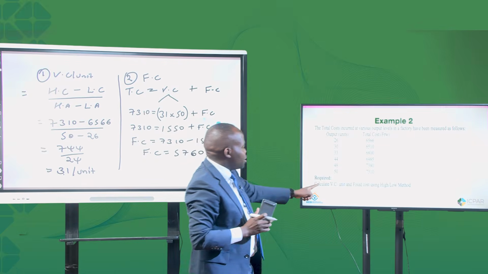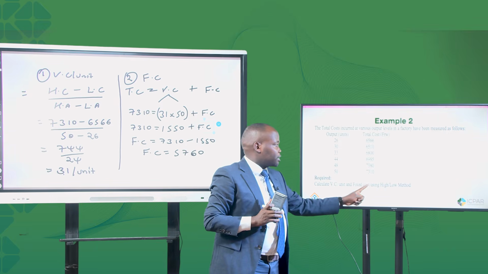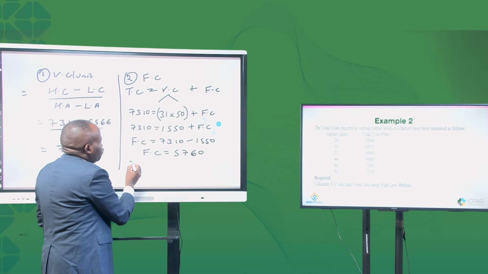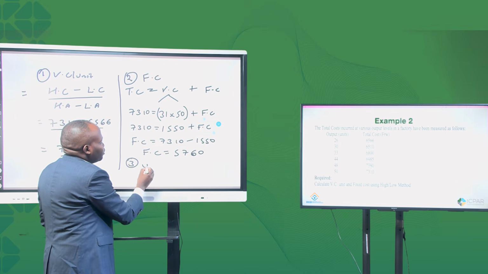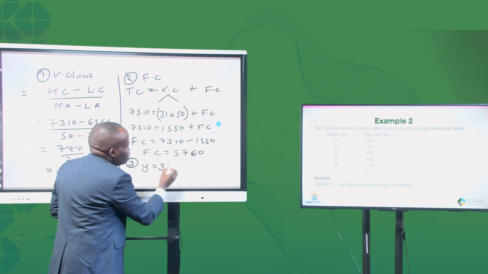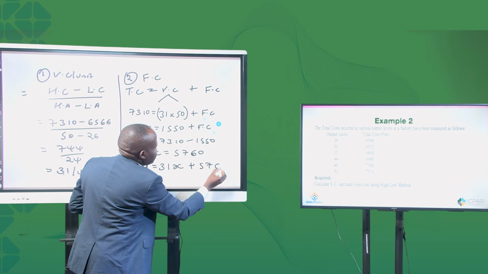If there was a third requirement, calculate number 1 variable cost per unit, number 2 fixed cost, and number 3 the equation, which was not in this question. The equation could have been y is equal to 31x plus 5760.